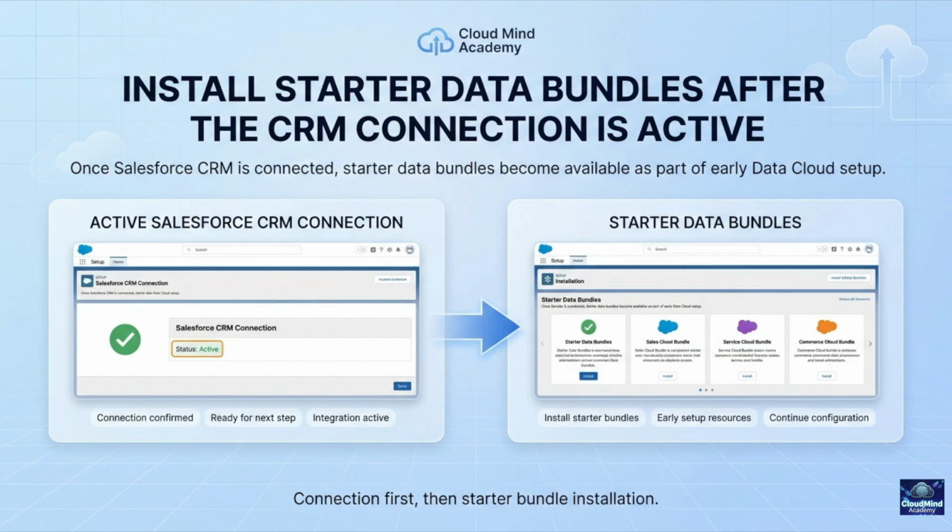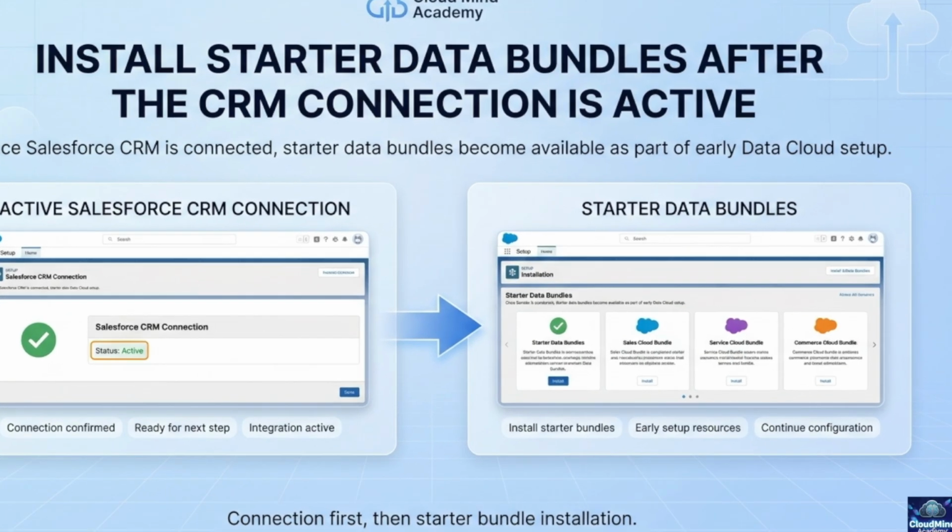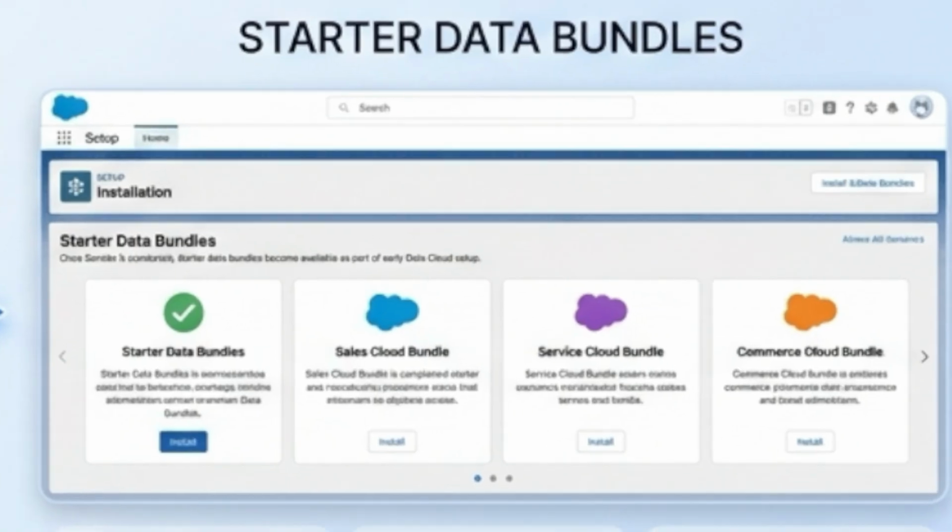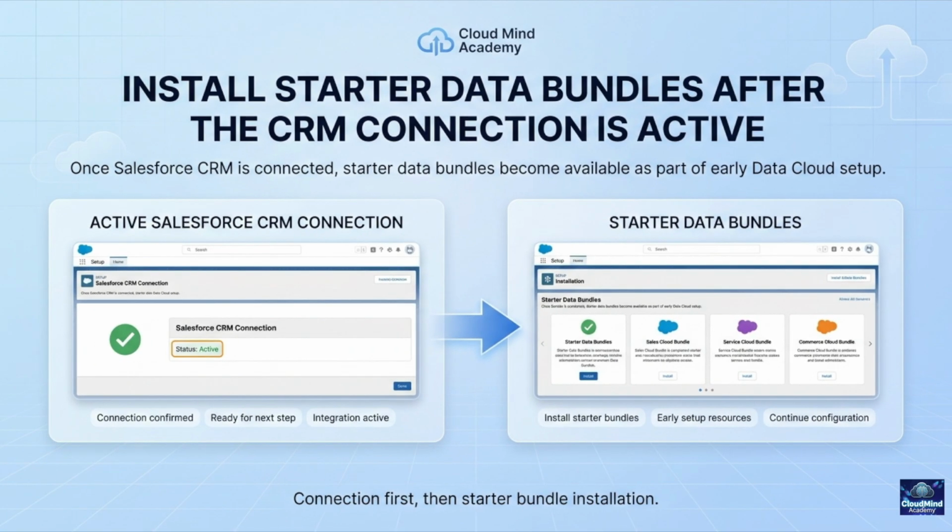This connection is important because Data 360 is designed to work as part of a larger Salesforce ecosystem. Its value increases when it can connect to CRM data and support downstream business processes across sales, service, marketing, and analytics. So, from a conceptual perspective, think of this step as moving from setup into integration.